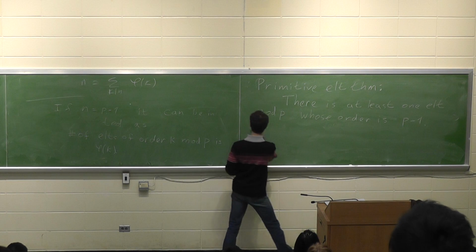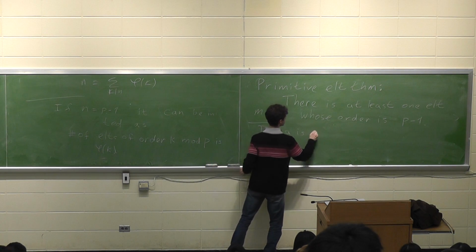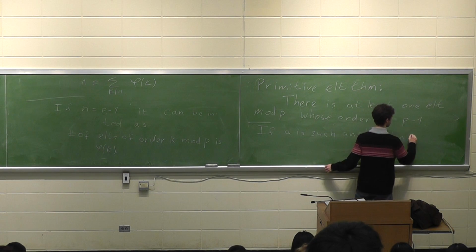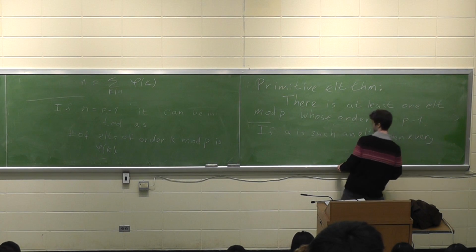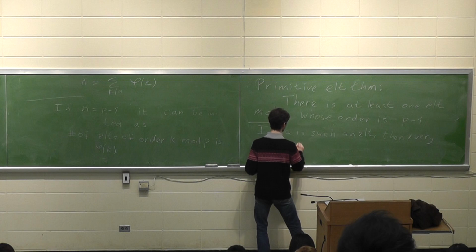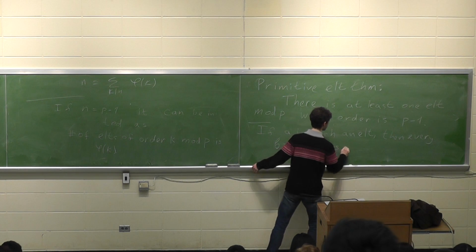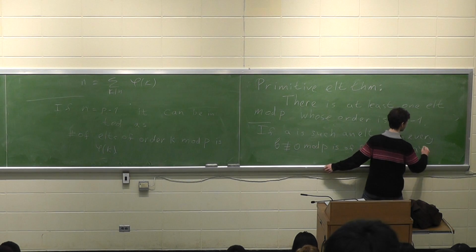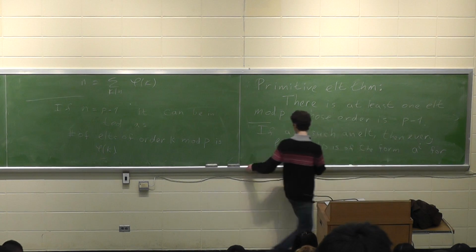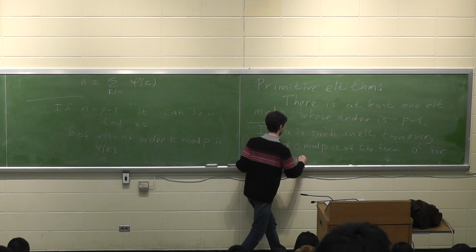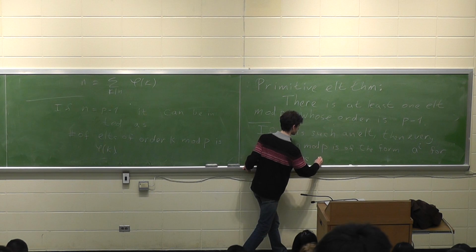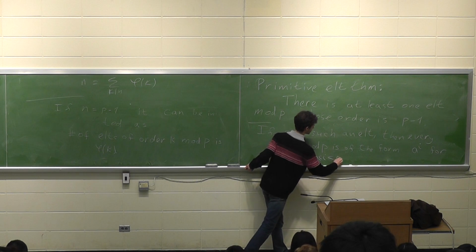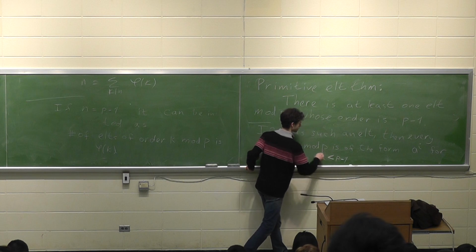So if a is such an element, then every b which is not equal to 0 modulo p is of the form a to the power i for a unique i between 0 and p minus 2.